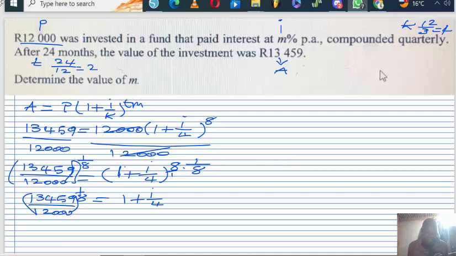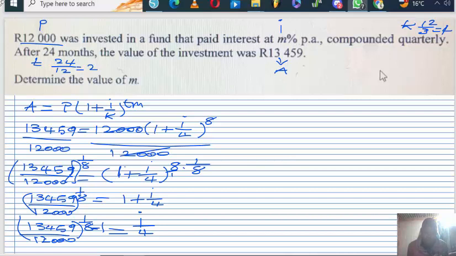And if we do that, we will write 13,459 over 12,000, to the power of 1 over 8, minus 1 equals I over 4.